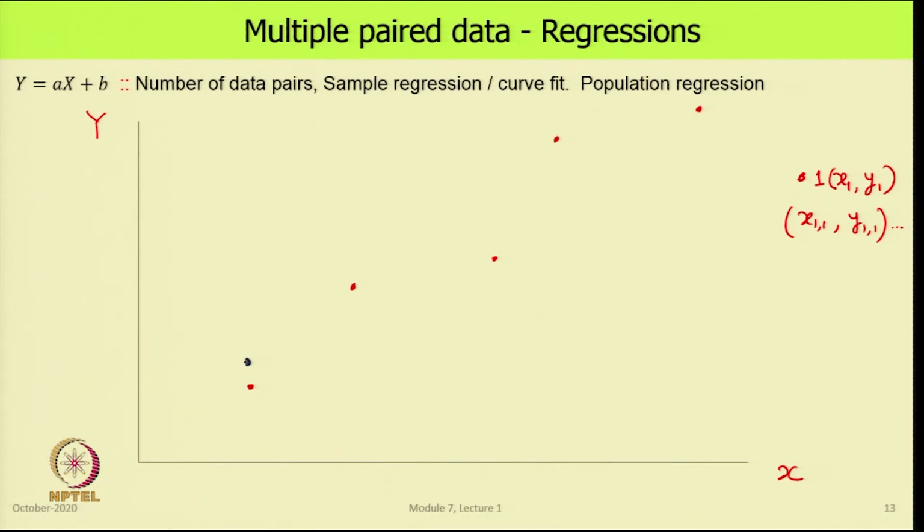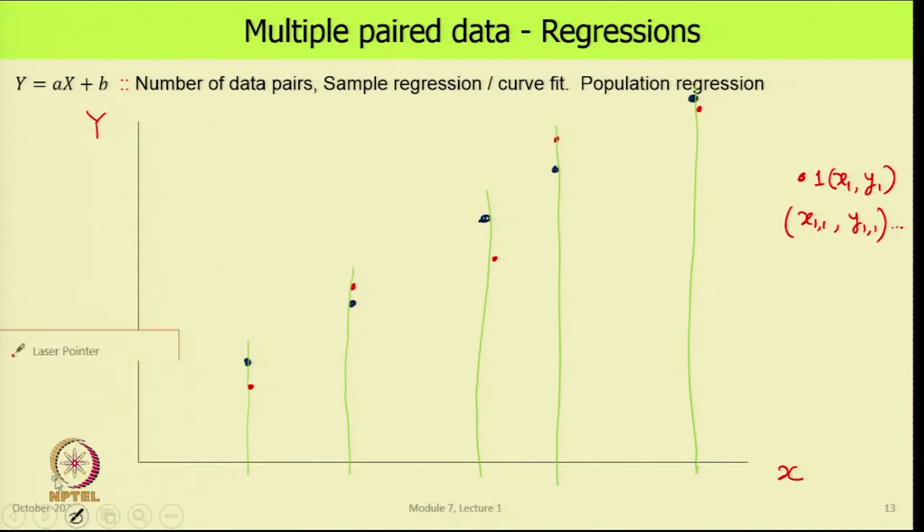So, this value came over there, over there, over there, here and here. The point is that all these have been made at the same value of x. So, x value did not change. This was x1, this was x2, this was x3, this is x4, this is x5.